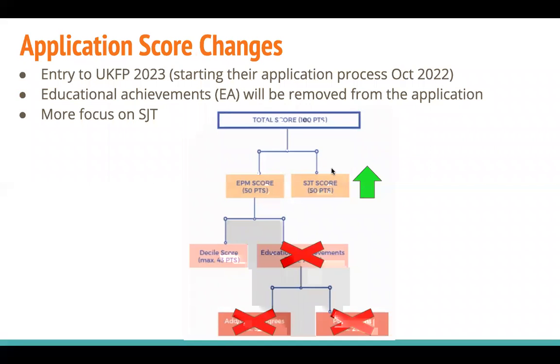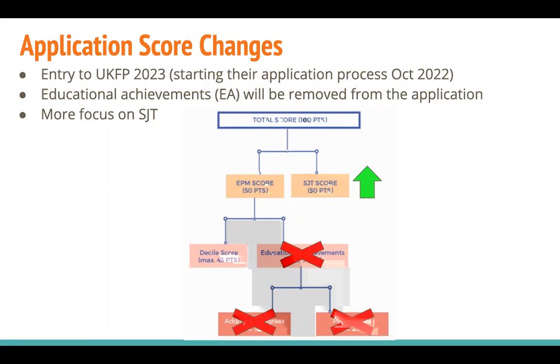Okay, this just happened maybe 3 days ago, but apparently if you're going to start the UK Foundation Programme in 2023, meaning you're starting your application process in October 2022, your educational achievements will be removed from the application. They won't put that in the application, so it won't count for anything if you have a degree or any publications.